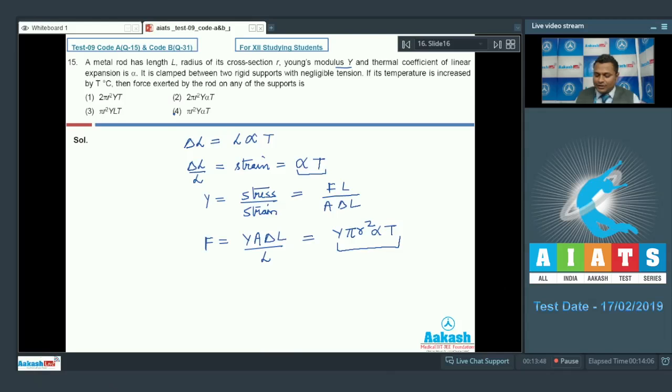Now we will go with option number 4 because the final expression matches option number 4. Now let us proceed to the next question.